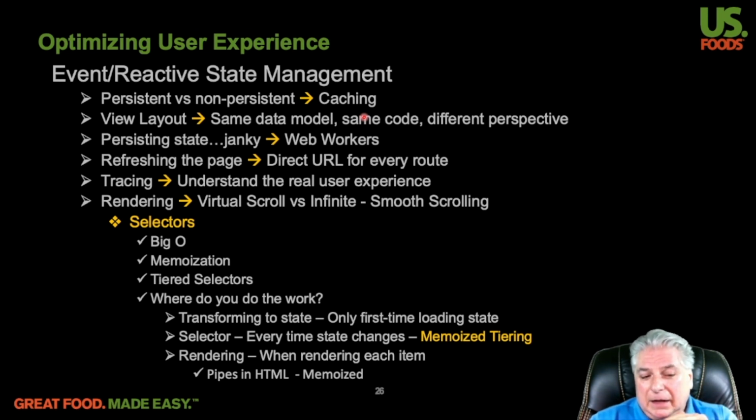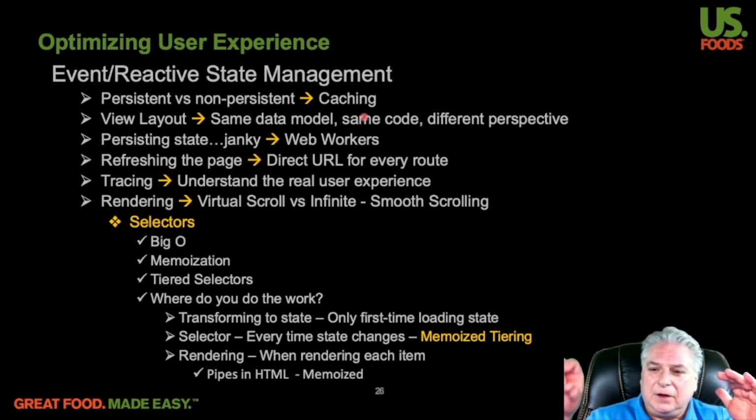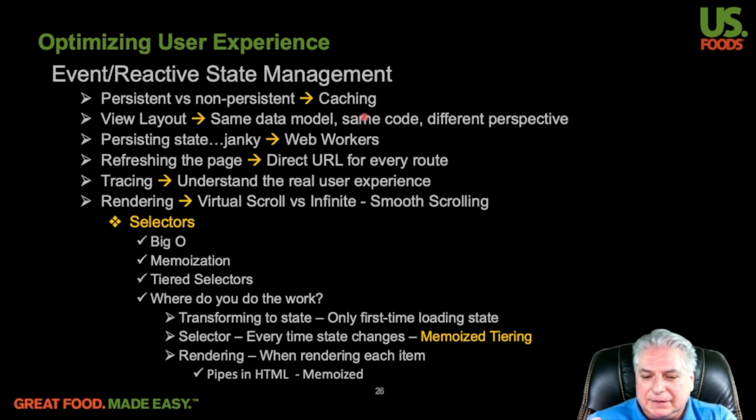And you can actually think about tiering those selectors from what data changes a lot versus what data doesn't change a lot. If you have data that doesn't change a lot, and it's really hard to calculate, you want to have that at the tail end of your selectors, right? So you could essentially nest these selectors where when you're going after that last selector, it's cached most of the time. And so maybe all that heavy lifting took 200 or 300 milliseconds the first time.